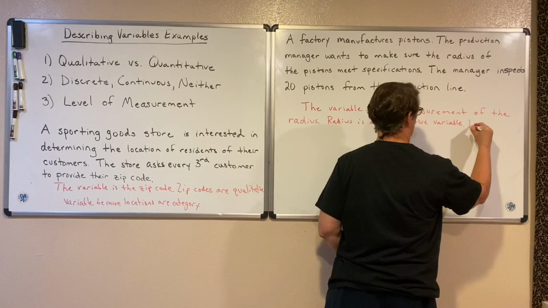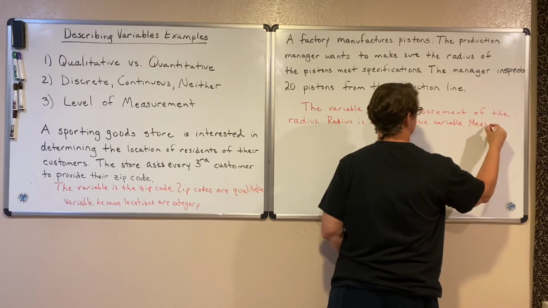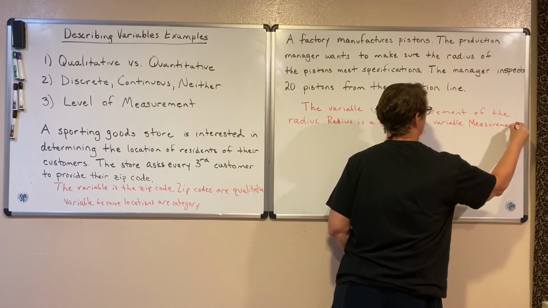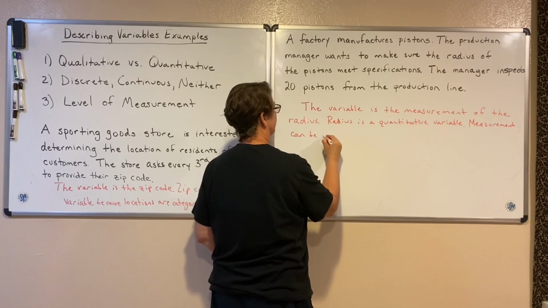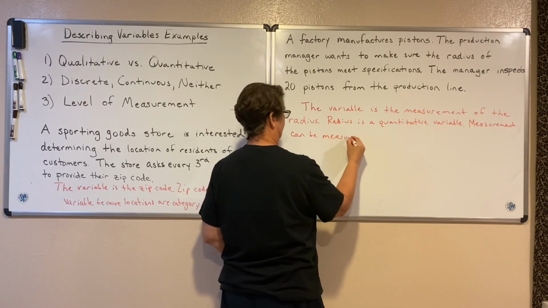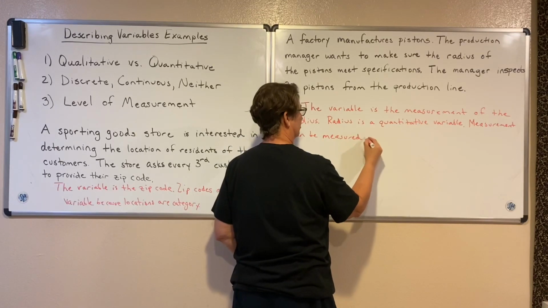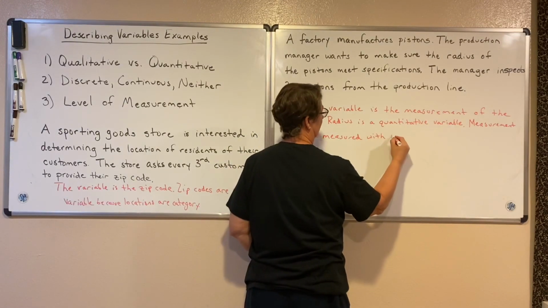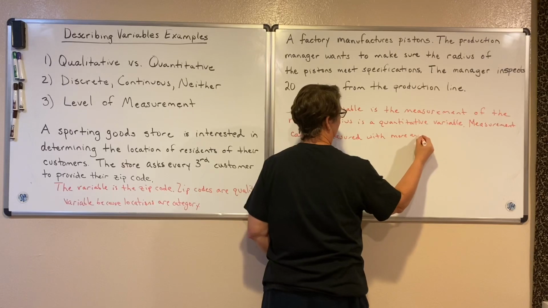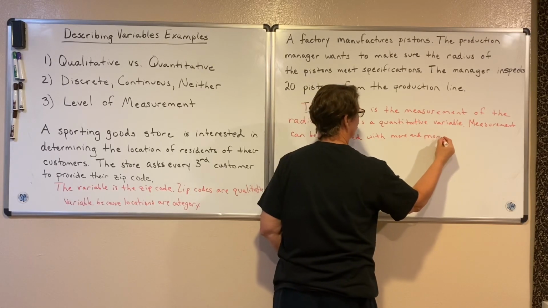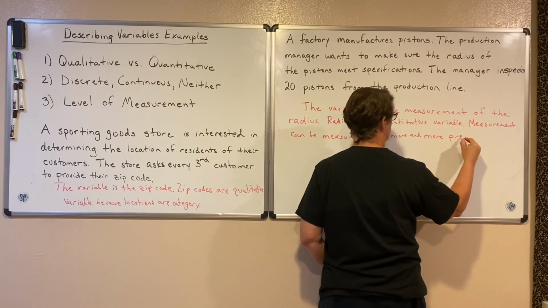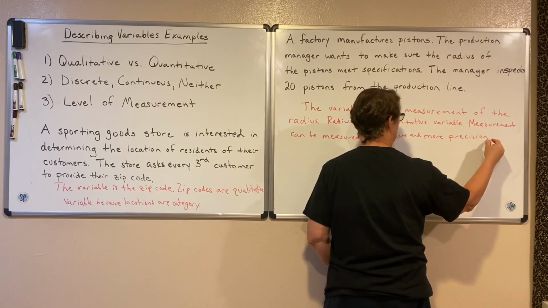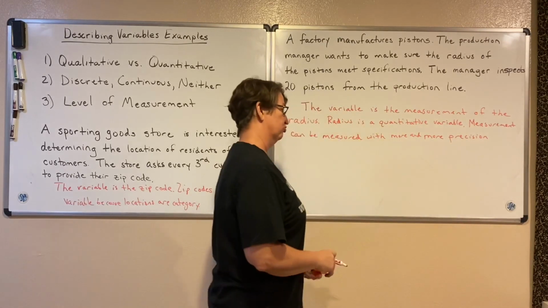So the measurement can be measured more and more precisely, measured with more and more precision. Or you could find a radius in between. If you give me any two numbers, I can find a measurement in between those two.